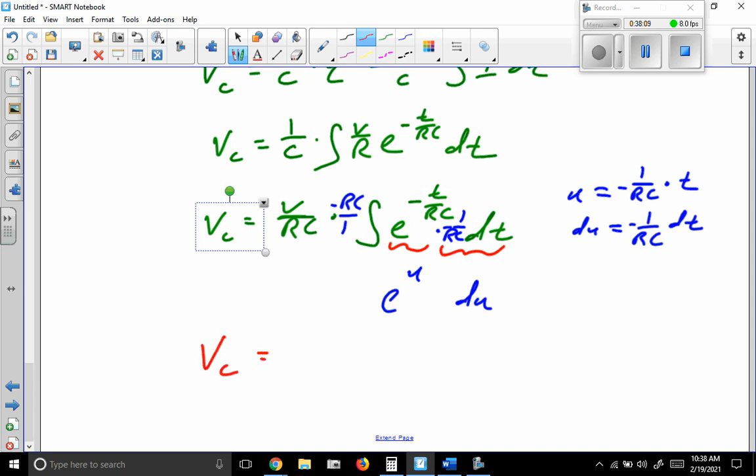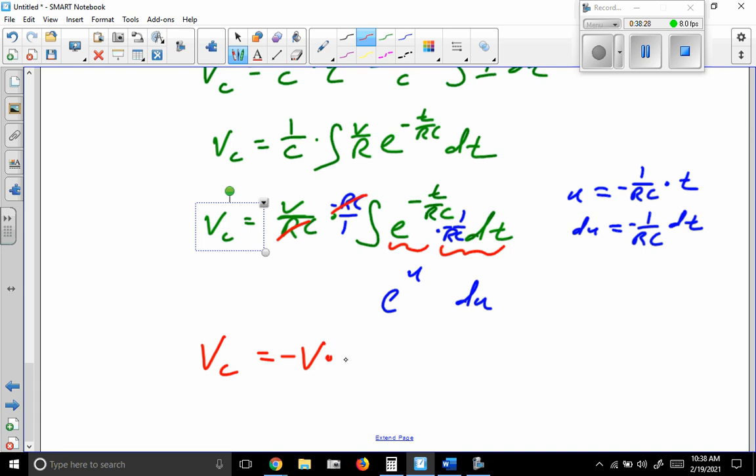So for the voltage on the capacitor, notice out front, the RCs would cancel. So that's going to give us negative V. When we integrate this, what does that give us?